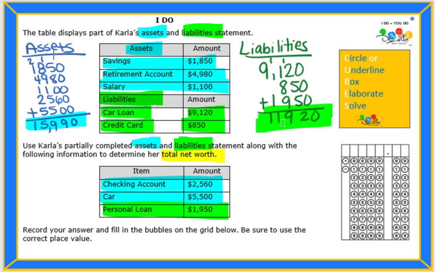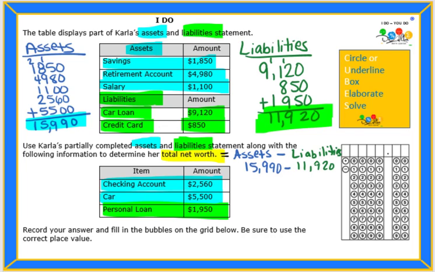Now remember that to get the net worth, we're going to subtract. We take the assets. Let's write this right here. Net worth is equal to the assets minus the liabilities. So we have 15,990 minus 11,920.